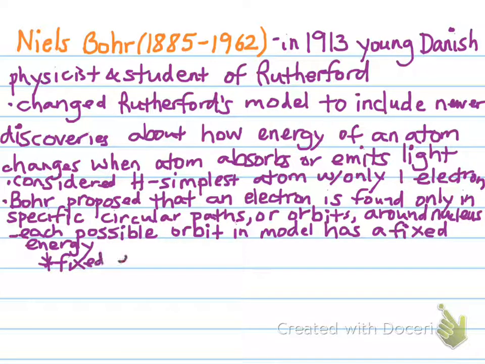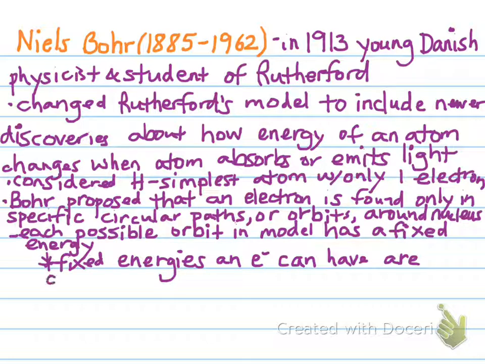These fixed energies an electron can have are called energy levels. So he says, again, this electron can only be found on this specific circular path, and when that electron is in that particular circular path, it has a certain amount of energy. And he says he's going to call that an energy level. Okay?